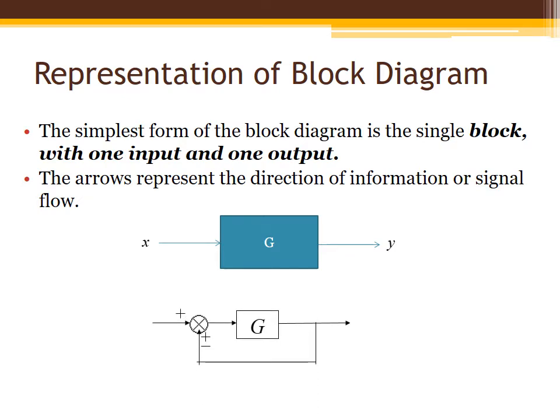In this we have used a feedback path. When the flow of the arrow is from left to right, that is input to output, it is known as the forward path. When it is from output to input, that is right to left, it is known as the feedback path.